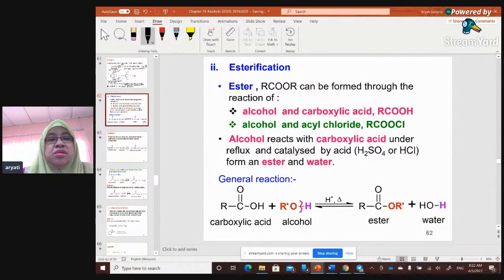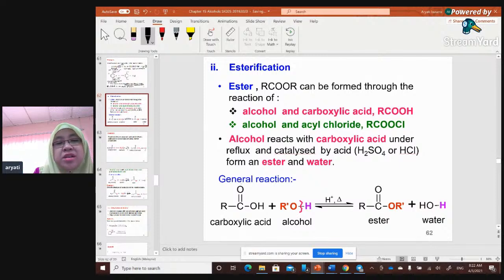Second is esterification. Ester RCOOR' can be formed through the reaction of alcohol and carboxylic acid, or alcohol and acid chloride.